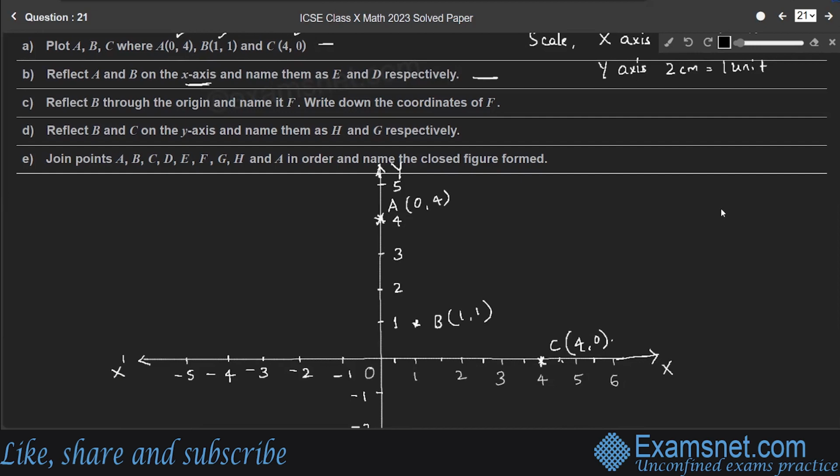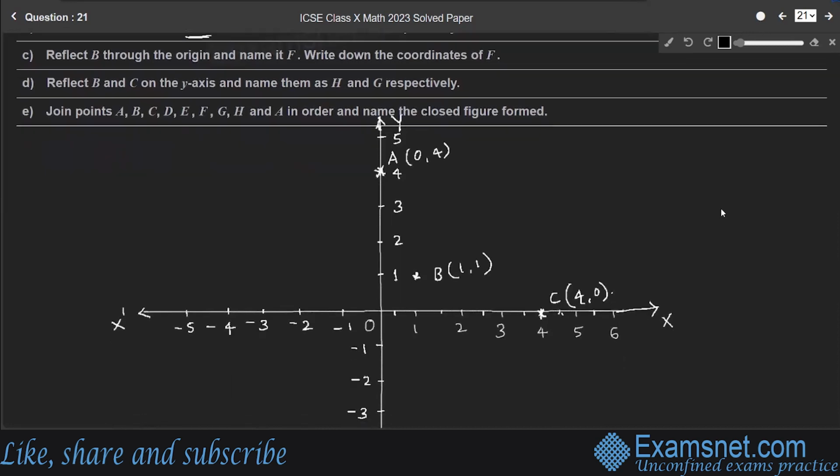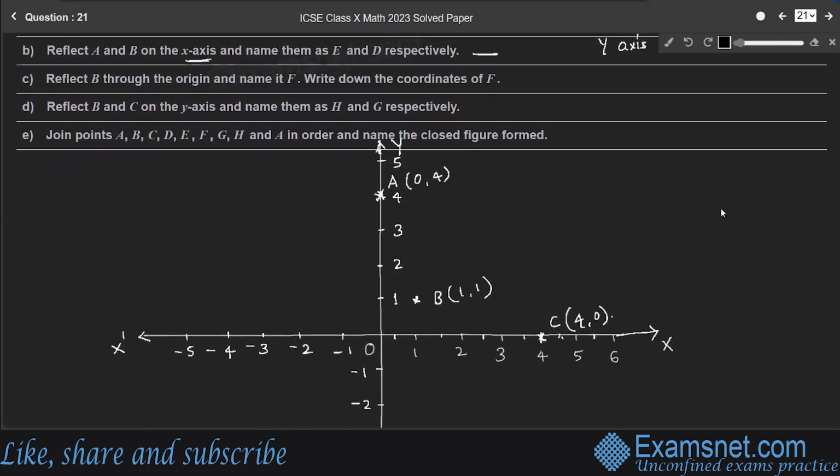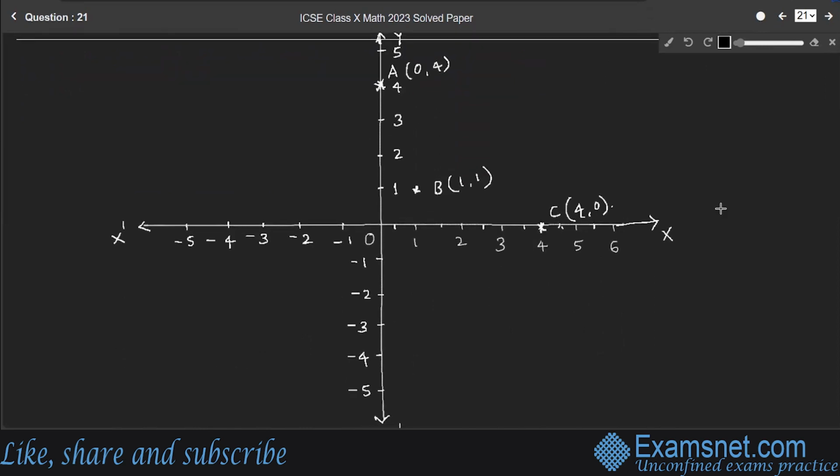On the x-axis means on the other side of the x-axis. We need to reflect the points A and B. Name them as E and D respectively. Reflection of A is E. So E's coordinates will be, its x coordinate will be 0, y coordinate will be minus 4.